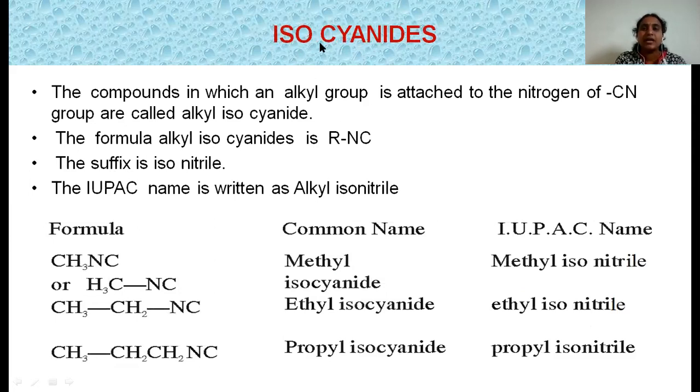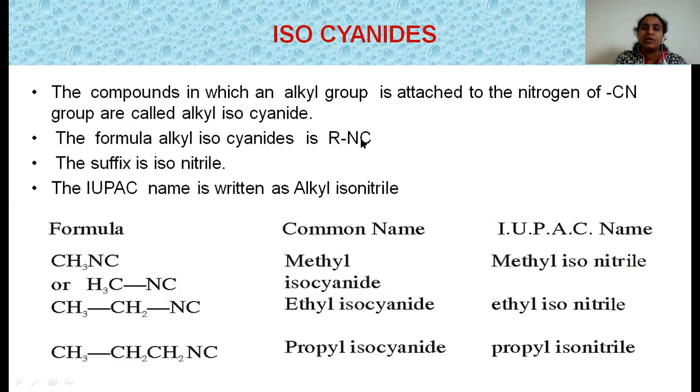Whereas isocyanides are nothing but the compounds in which an alkyl group is directly connected to the nitrogen. Whereas in cyanide, the R group is connected to the carbon, but here the R group is directly connected to the nitrogen.